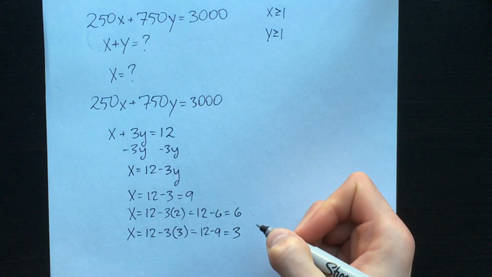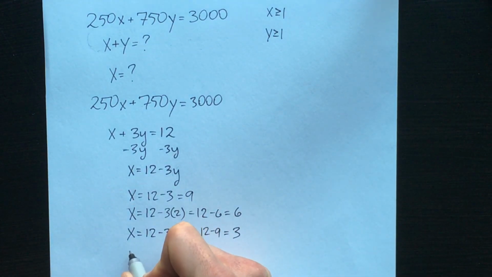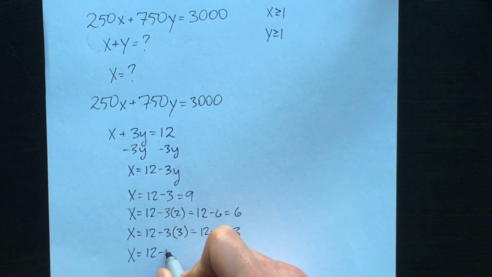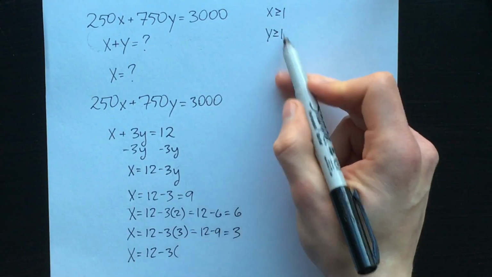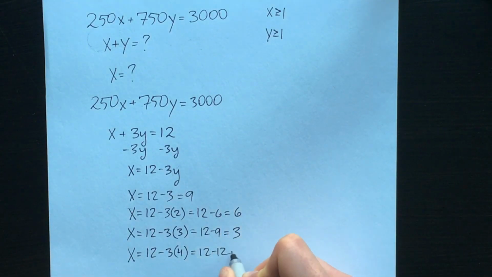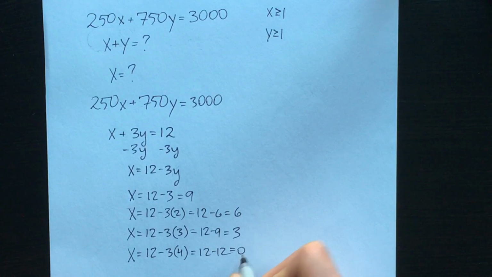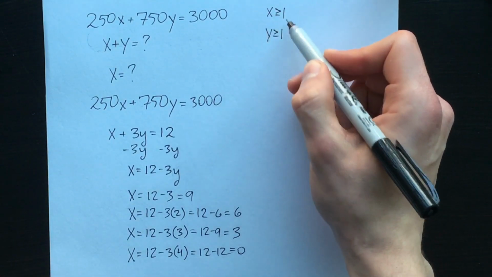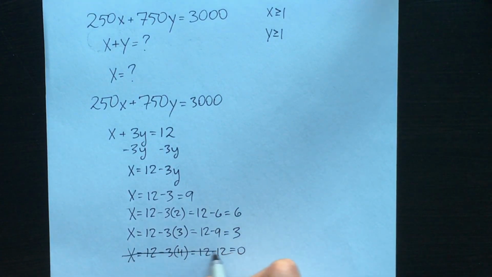Now, what if we move on to 4? x equals 12 minus 3 times 4, that would be 12 minus 12, which equals 0. Can we have that? No, we can't, because we're told that there has to be at least one of each. So this one doesn't actually work out.